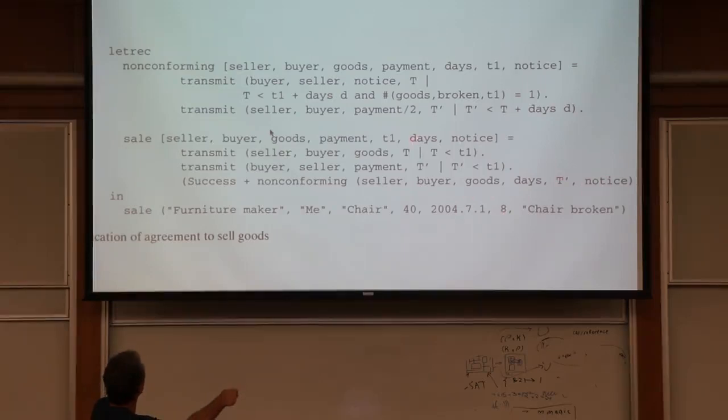T prime is 8 days. All right, so I hope you have an intuition now that this is a program, and it doesn't execute anything, but it denotes a set of sequences of events that's satisfied.